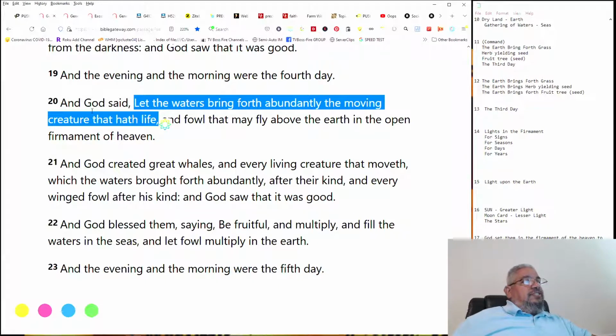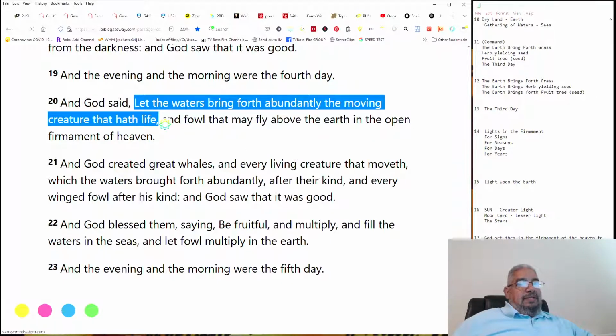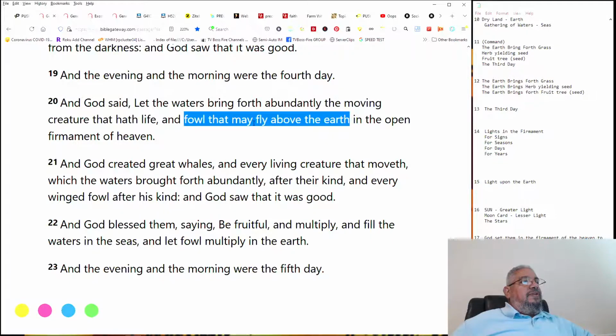So first, let's do the cards for 20. Let the waters bring forth abundantly the moving creature that have life. So we'll take that. That's 20. Let the water bring forth abundantly the moving creature that have life, and fowl that may fly above the earth.